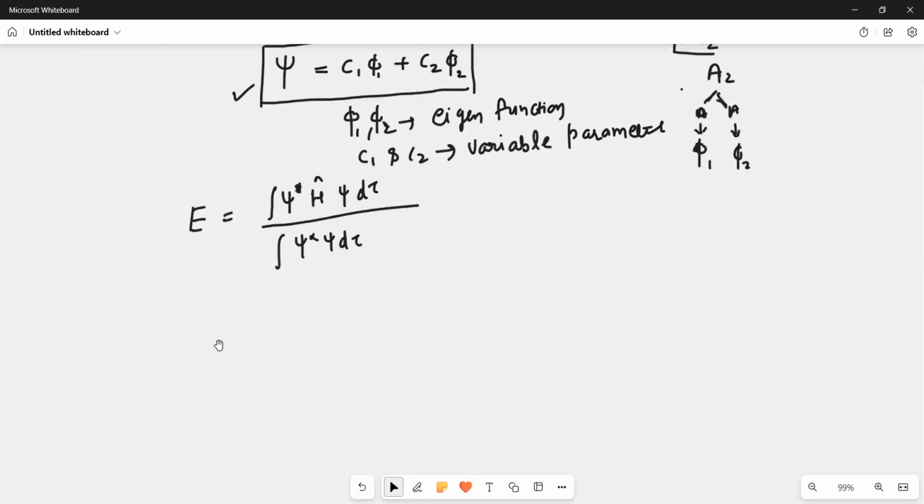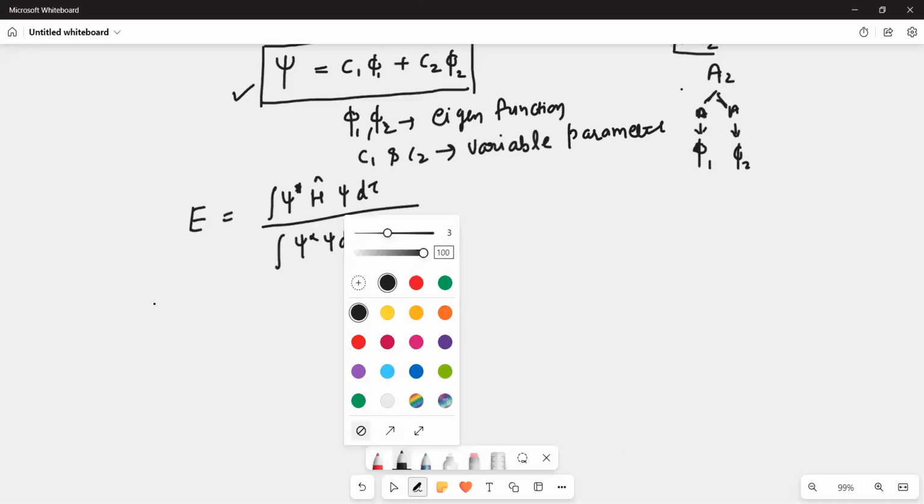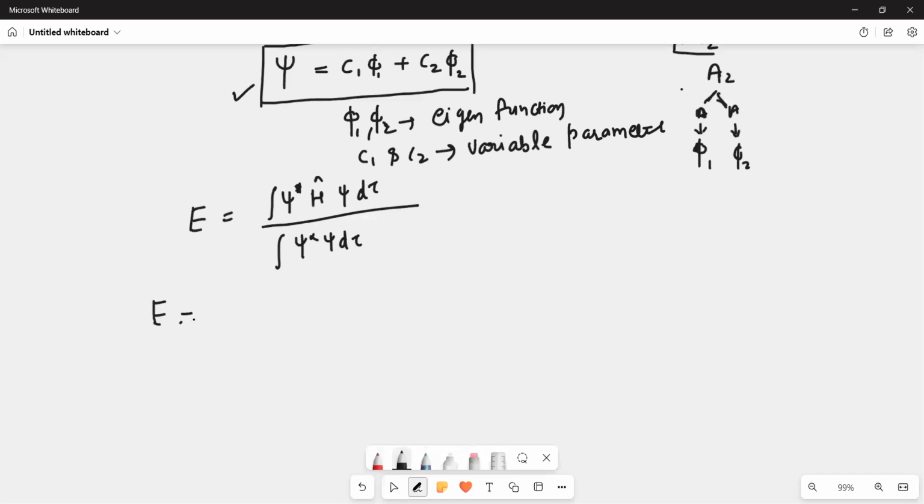Now we will substitute the psi expression here. E equals the integration, where psi is C1 phi1 plus C2 phi2, star, H cap, again C1 phi1 plus C2 phi2, d tau.